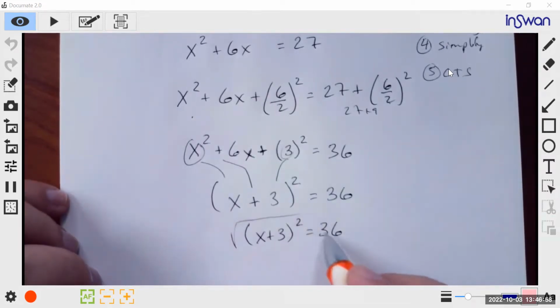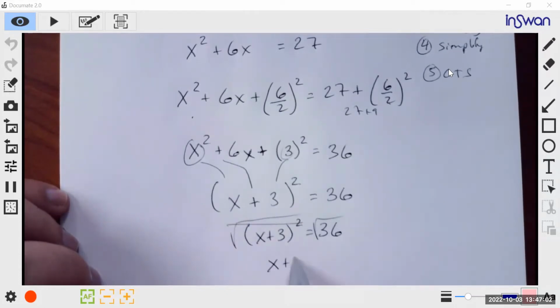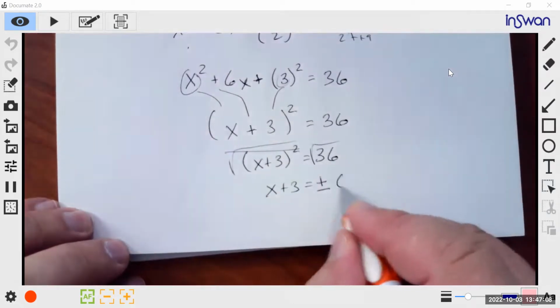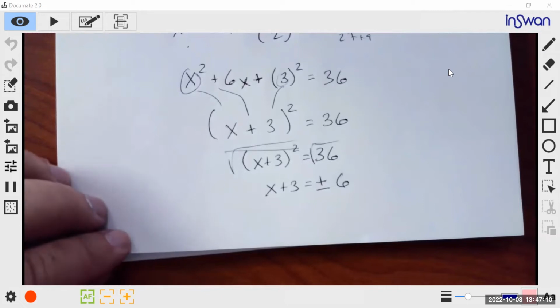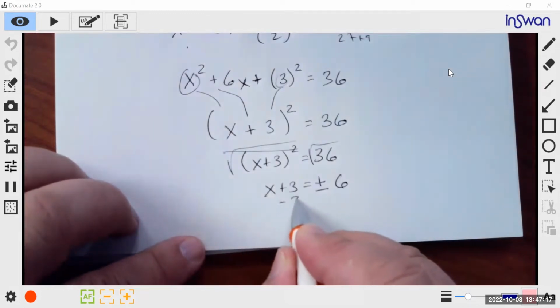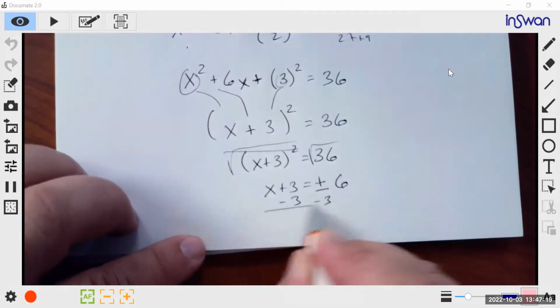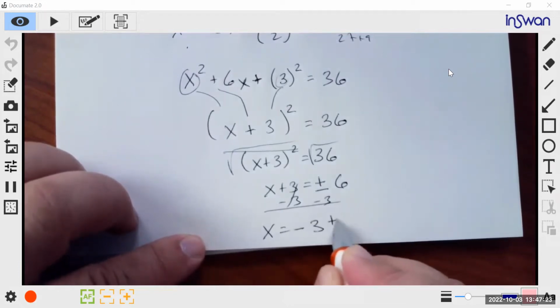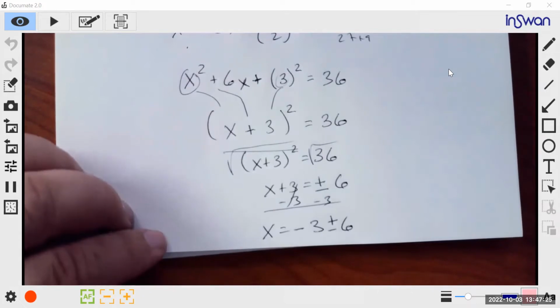Square root to get rid of the square. Very good. Both sides. So that cancels. So we have x plus 3 equals plus or minus the square root of 36, which is 6. Subtract 3 from both sides. -3 plus or minus 6.